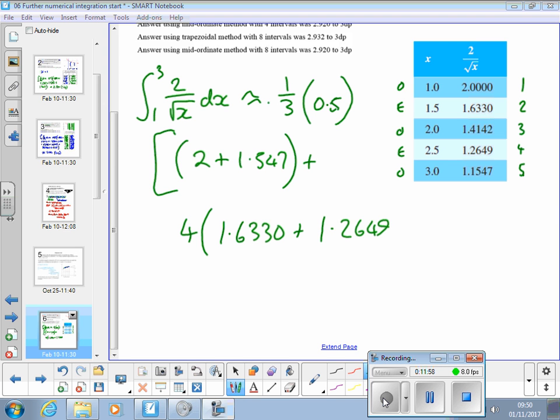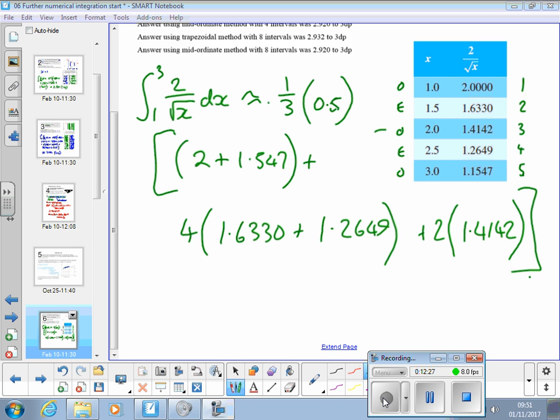So there's 2 even ordinates, 2 and 4. Then the remaining odd ordinate is this one. So it's plus 2 times 1.4142. Close the big brackets.